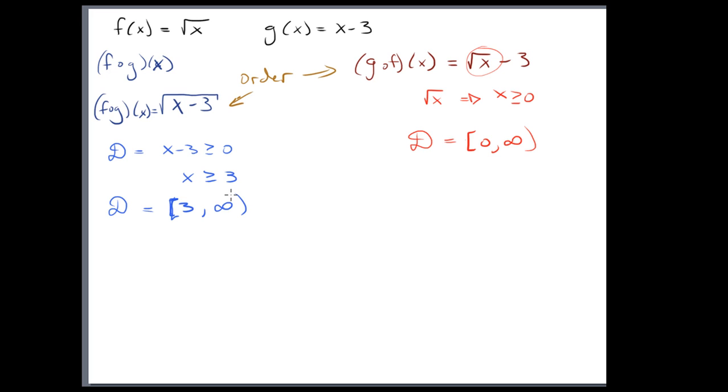Let's take a look at another complicated composition and domain question. For this one, I want to look at rational functions. F of x is equal to, let's make this, 3 over x plus 4, and g of x is going to be equal to 1 over x minus 1.